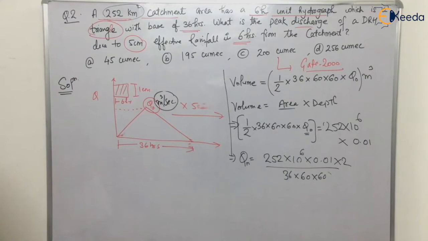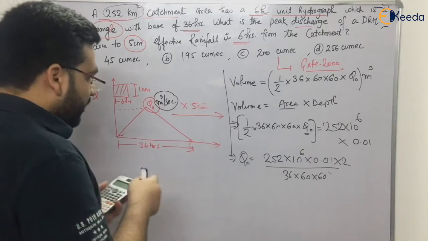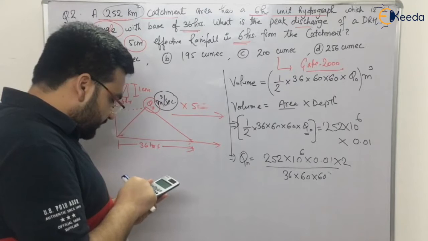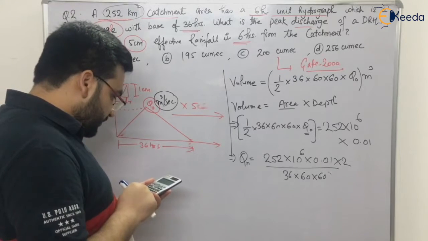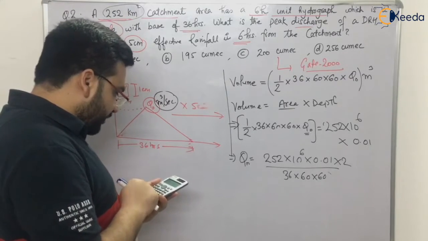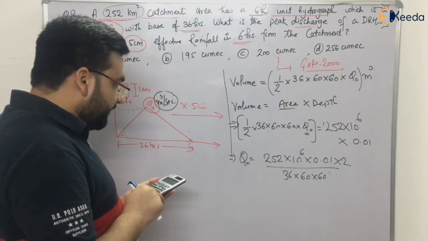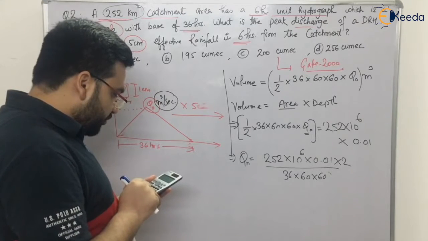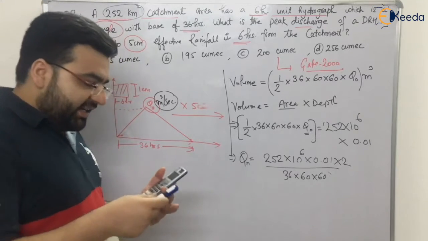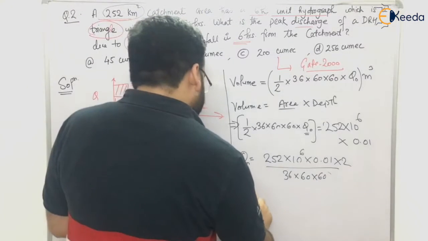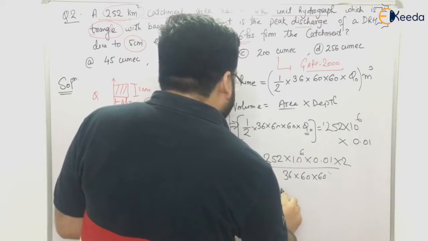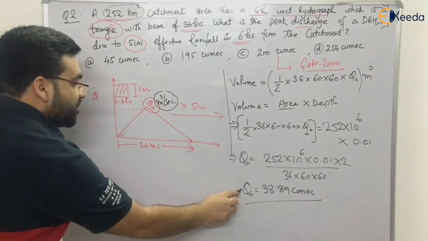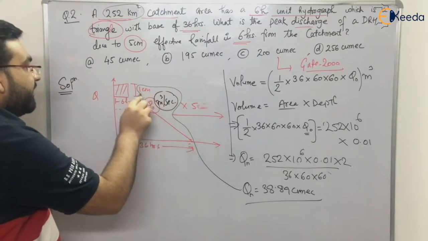So the value of this Q naught will come out to be 252 into 10 raised to power 6 into 0.01 into 2 divided by 36 divided by 3600, which comes out to be nearly 38.89. So Q naught comes out to be 38.89 cumec, right? But this discharge was for the unit depth of 1 centimeter.